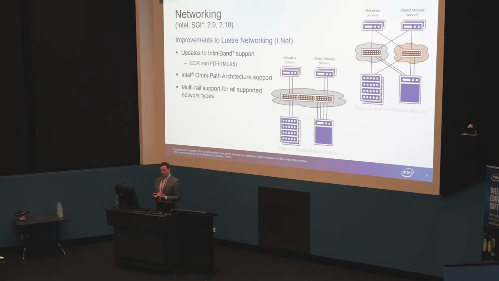This gives us load balancing, aggregate throughput performance improvements, but also gives you, by default, essentially failover capability in your fabrics as well. So this is quite a significant improvement that Intel and SGI are making.